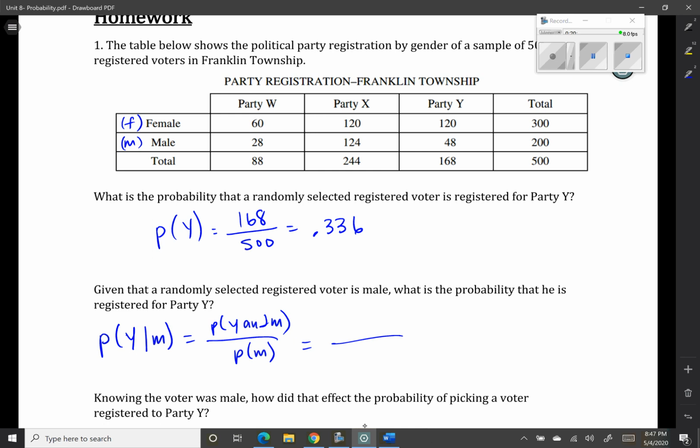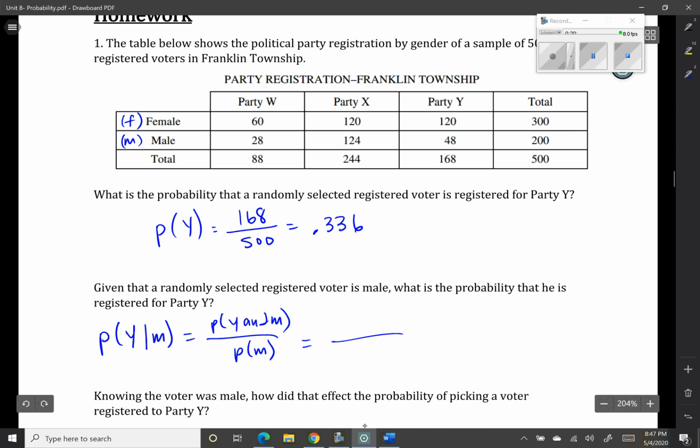But I want to practice the skill of this new rule. So the probability of Y and M, there are 48 out of 500. Probability of just being male, there are 200 out of 500. So if I do some quick calculations by dividing those fractions, I get 0.240.